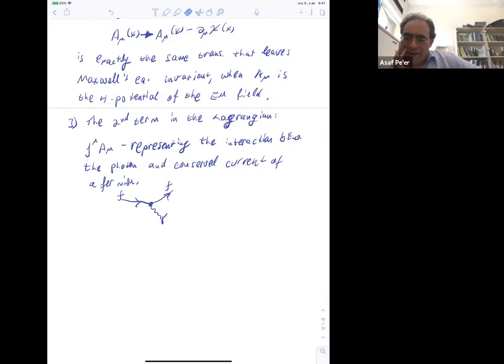And what Weyl found was this idea of the gauge principle, which states that if we demand that the Lagrangian is invariant under a local gauge, we give rise to new fields, and these fields really represent interaction.